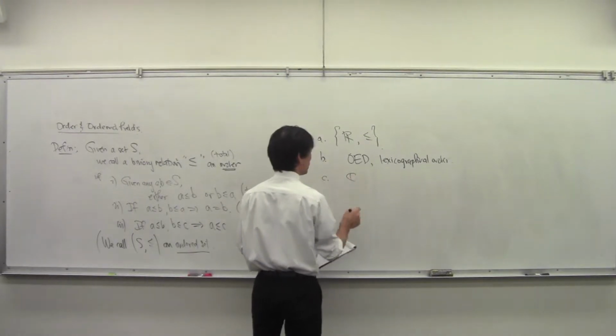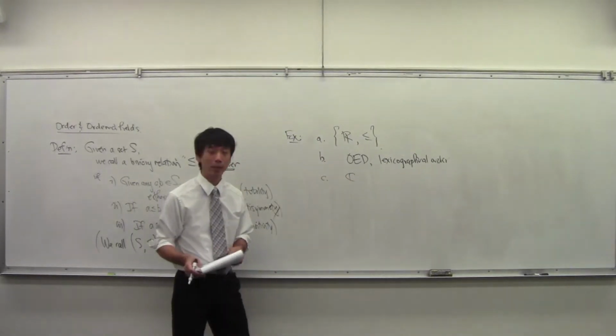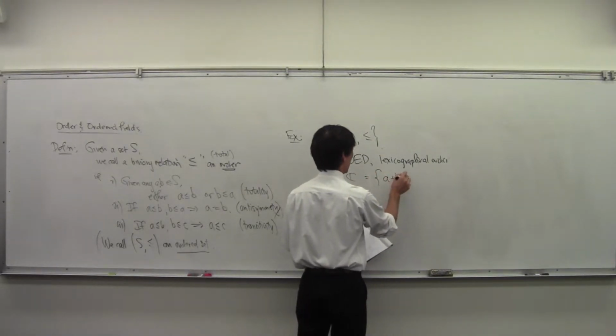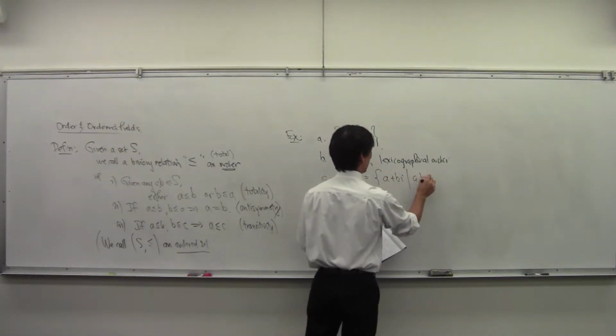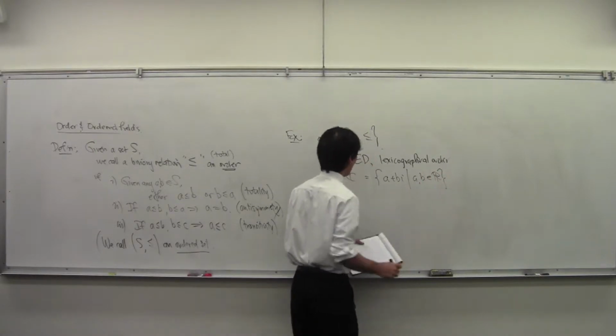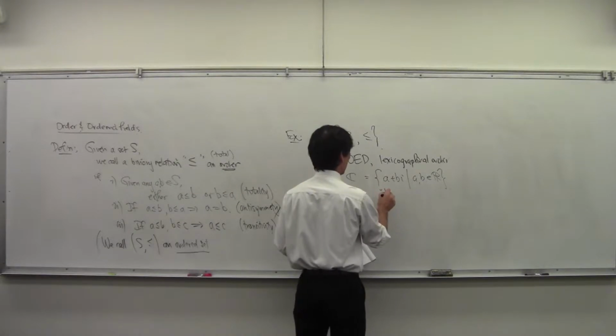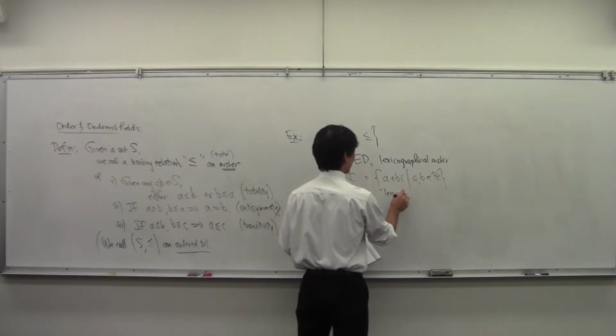The complex numbers, right? Things that look like a plus bi, where a and b are real numbers. You can put on it also lexicographical order.